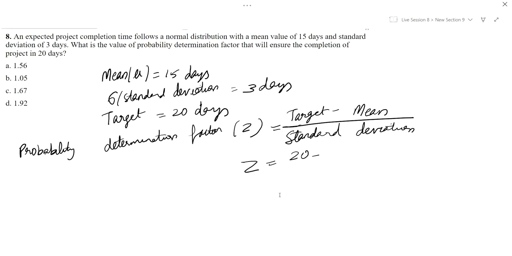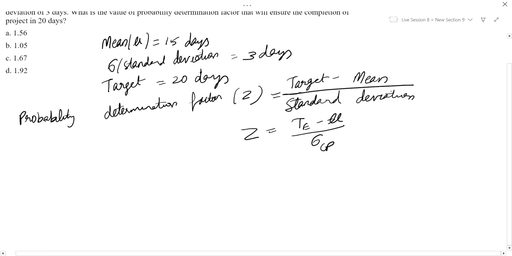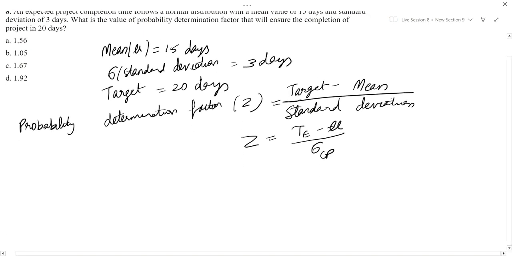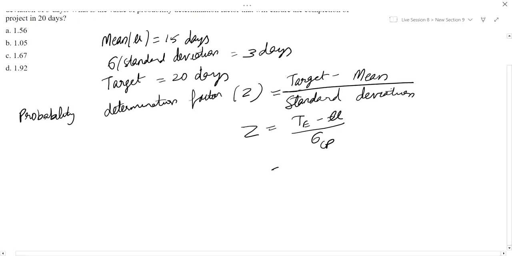If we write in abbreviation, the formula is Z equal to TE minus mu by sigma of the critical path. This becomes 20 minus 15 by 3, equal to 1.67.